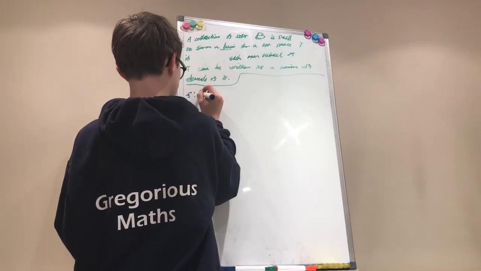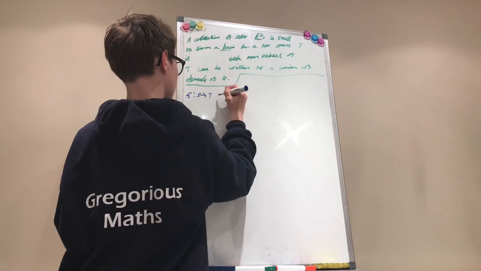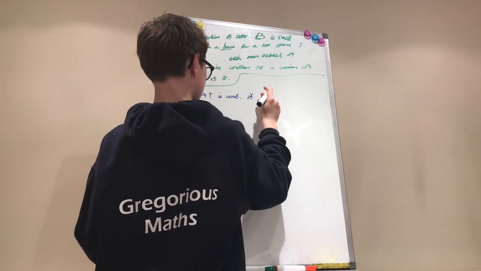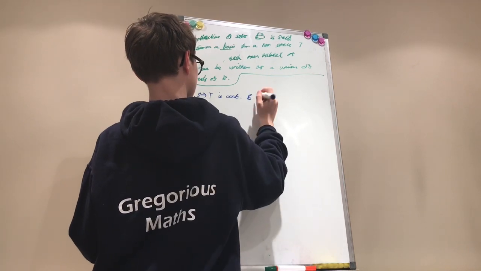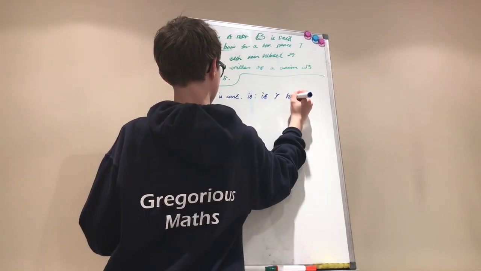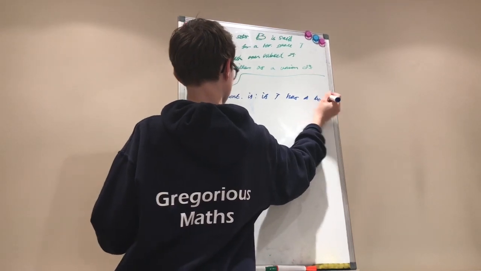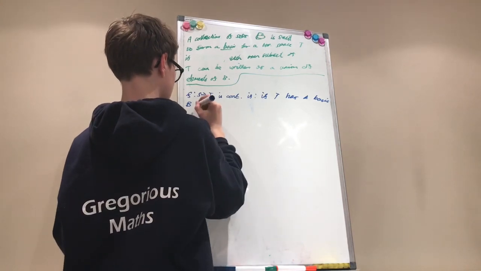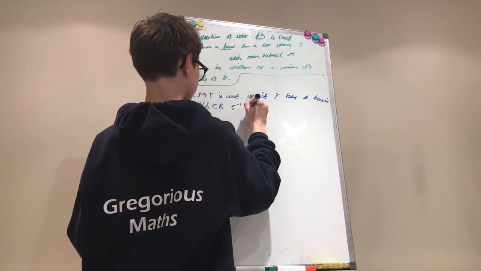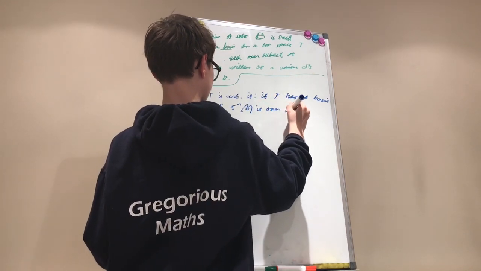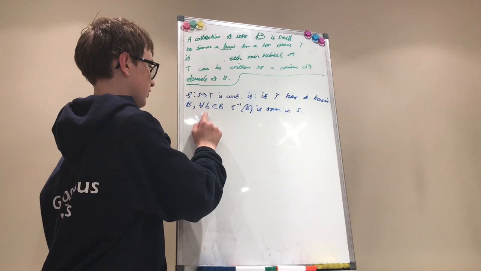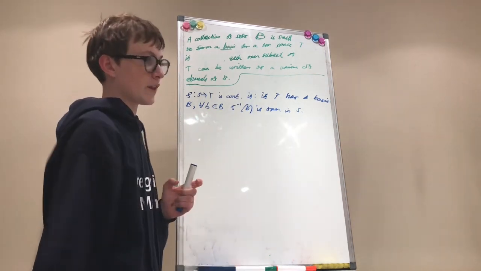So if we have a function f from S to T, again, they're both topological spaces, f is continuous if T has a basis B, and for all lowercase b in the basis, the preimage of b is open in S. So it's nearly the definition of continuity, except we only have to check that for every element of the basis, the preimage of that is open in S.